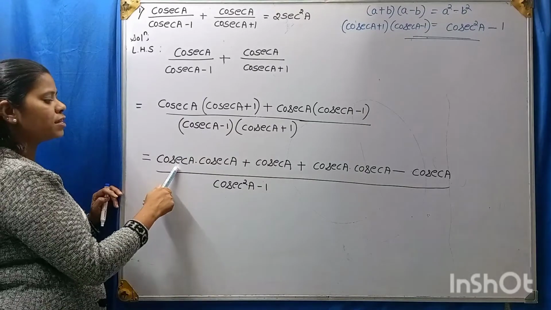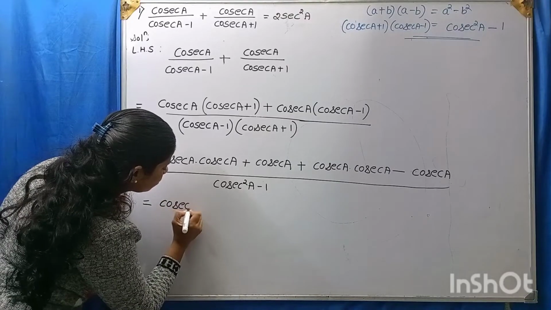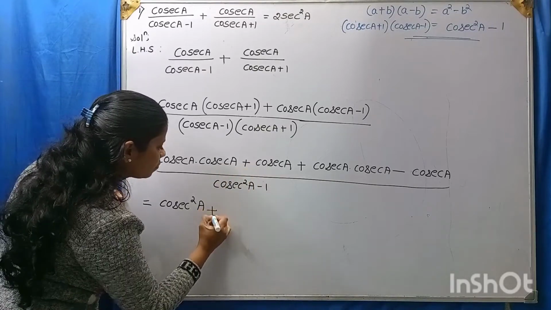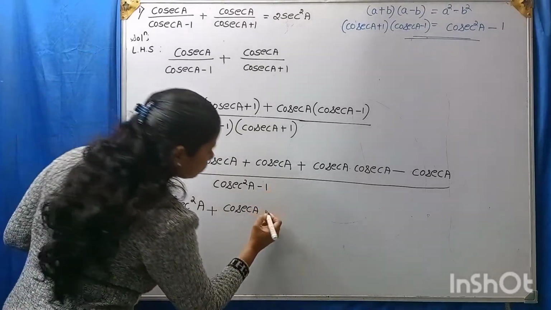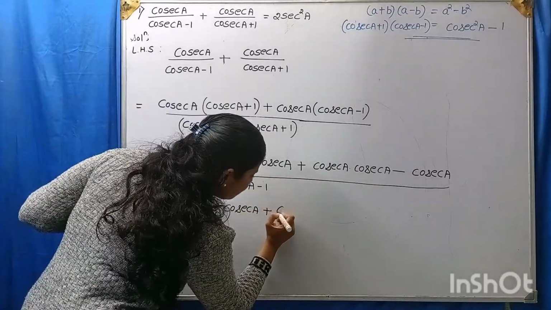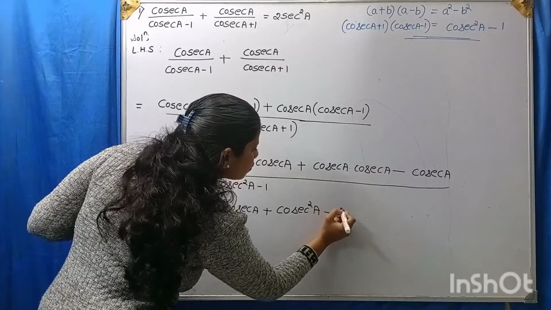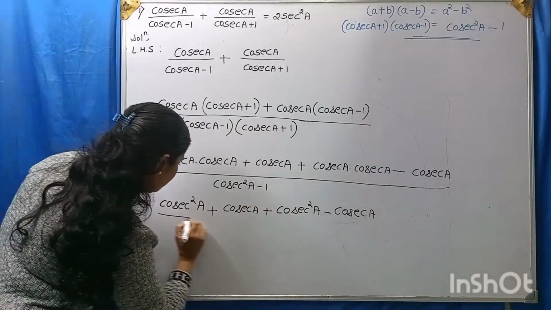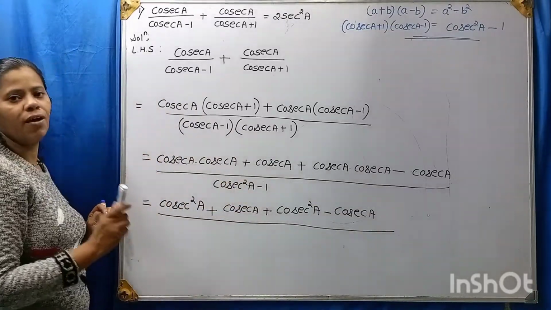Now look at this. Cosecant A into cosecant A is cosecant square A, plus cosecant A, plus cosecant A into cosecant A is cosecant square A, minus cosecant A, whole divided by, now this cosecant square A minus 1, how can we write?